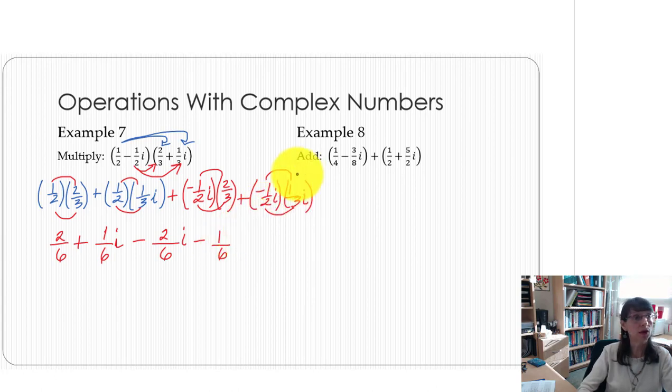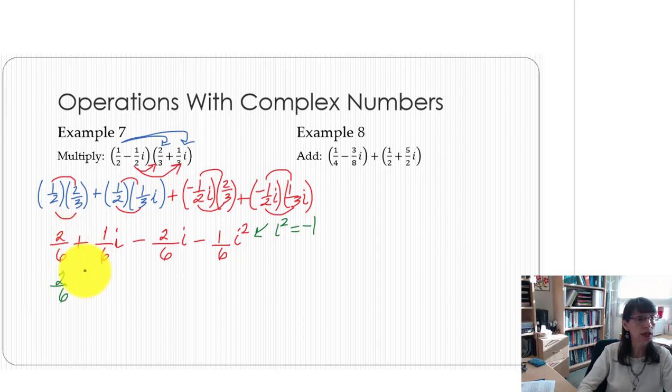But do you notice now that both terms involve a complex number? i multiplied by i would make i squared. Now it's important that you remember that i squared is equal to negative 1. So anytime that we create i squared, or if a problem has i squared in it, we need to replace i squared with negative 1. So let's continue evaluating here. I'm going to keep 2/6.